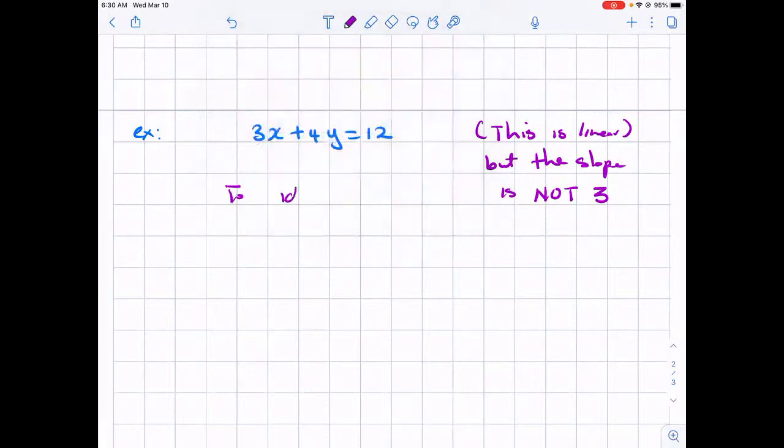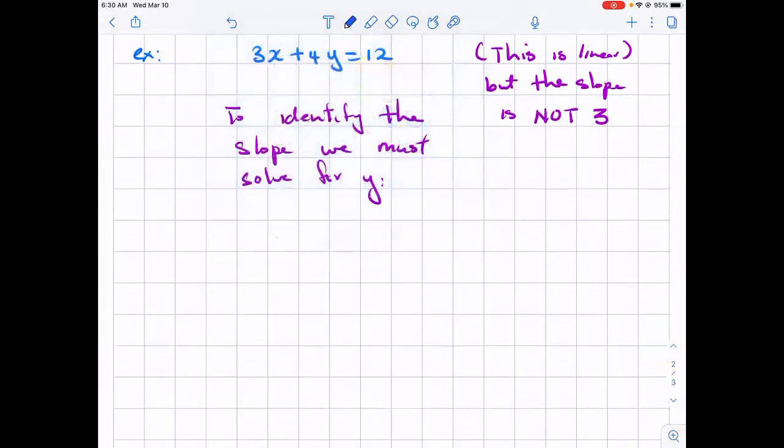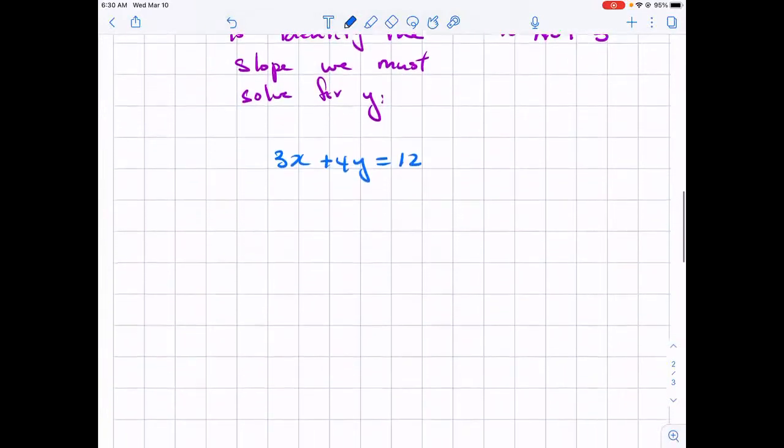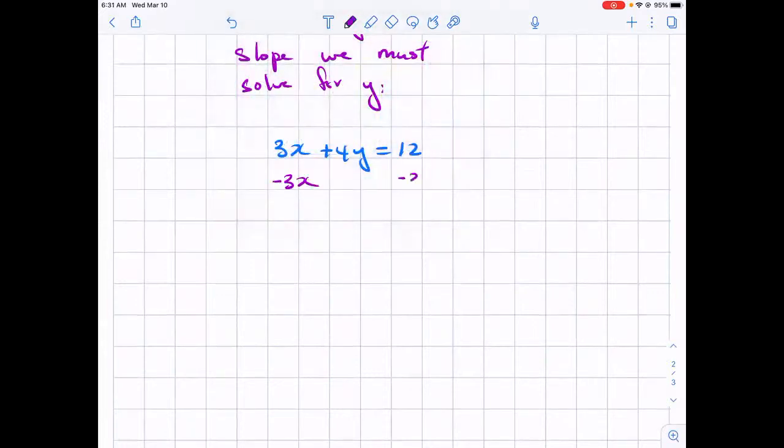To identify the slope, we must solve for y. So if we have 3x plus 4y equals 12, the first thing we will do is subtract 3x on both sides. And that will leave me with 4y equals negative 3x plus 12.